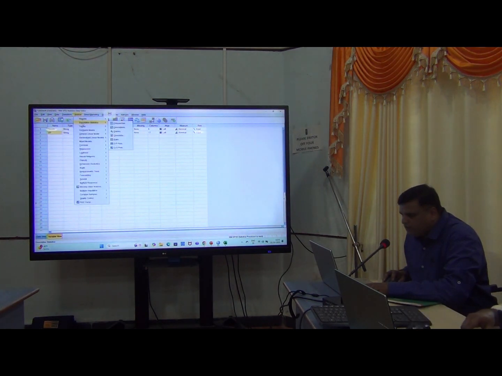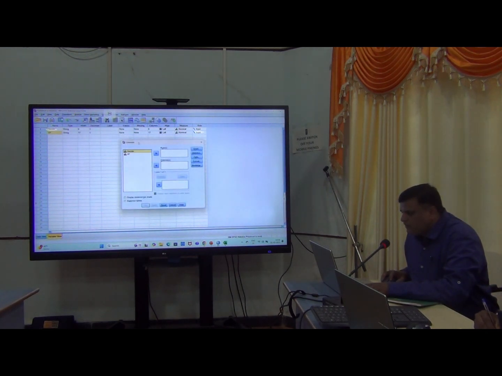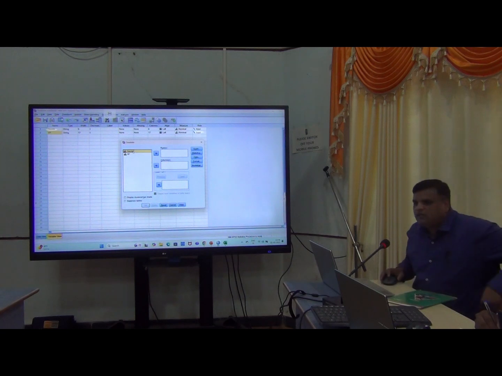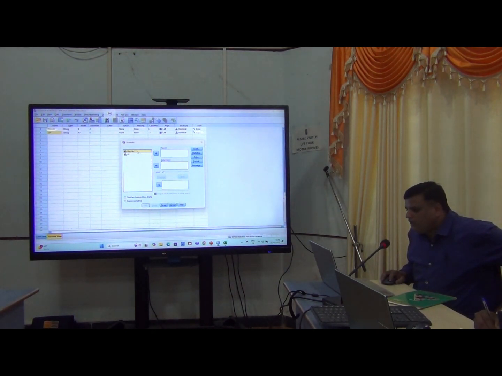Okay. So go to Analyze, Descriptive Statistics, and under this go to Crosstabs. Crosstabs I think most of you have done. ಕ್ರಾಸ್ಟ್ಯಾಬ್ ಅಲ್ಲಿ ಜೆಂಡರ್ ನ ರೋಸ್ ಹಾಕಿ, ವೋಟಿಂಗ್ ಪ್ರಿಫರೆನ್ಸ್ ನ ಕಾಲಮ್ಸ್ ಗೆ ಹಾಕಿ. Then go to Statistics.